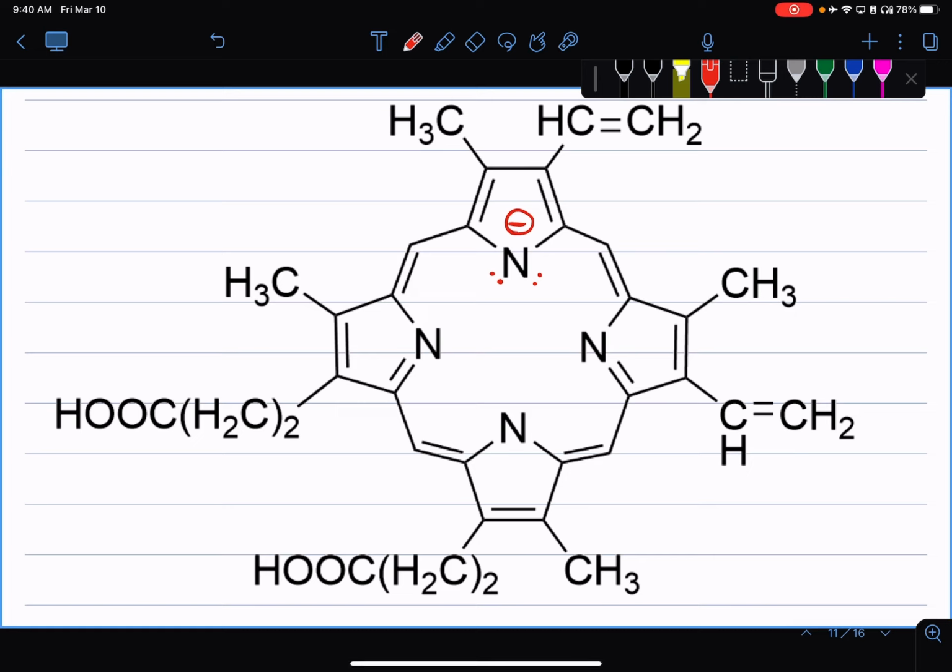So what we're doing is first adding the lone pairs so the nitrogen has an octet of electrons, and then we add the formal charge accordingly. For the other nitrogens, we can do the same. On the left-hand side, this one is making 1 single bond and 1 double bond, so we only need 1 lone pair, and this nitrogen is neutral. On the bottom, this nitrogen has 2 single bonds, so we need 2 lone pairs, and this one has a -1 formal charge. And on the right-hand side, we have a neutral nitrogen again.